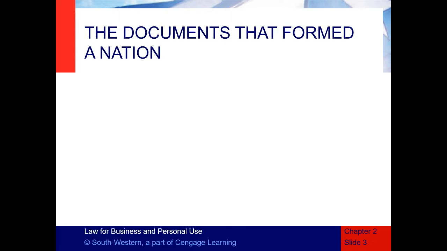Okay, so the first documents that helped form the United States. What we're looking at first of all is the Declaration of Independence. The Declaration of Independence was signed on July 4th, 1776, and basically it brought all of the original 13 colonies that we had in the United States together, and they met and formed a document which would be the founding of the nation.